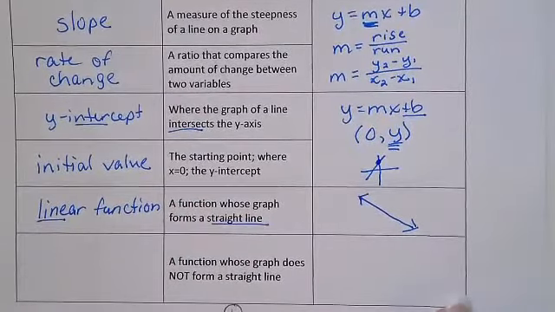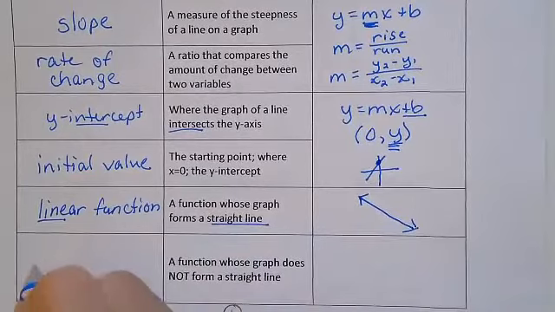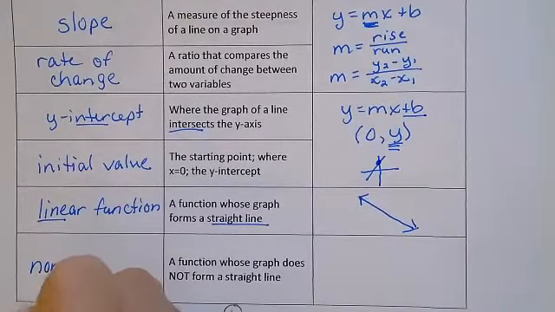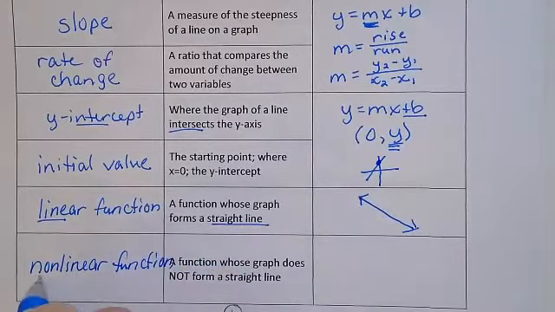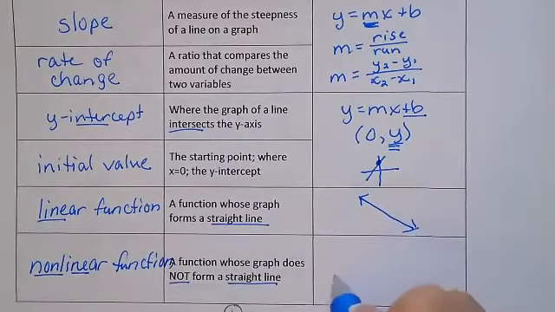Okay, a function whose graph does not form a straight line is a nonlinear function. Nonlinear, not straight line. Can look all different ways, but let's do this. Draw a curved line.